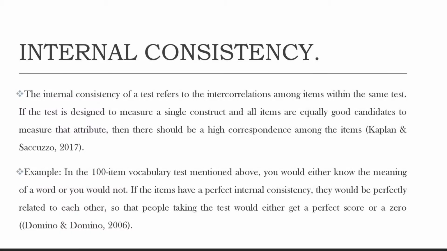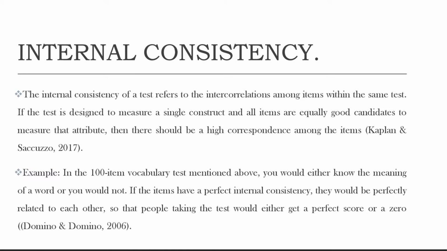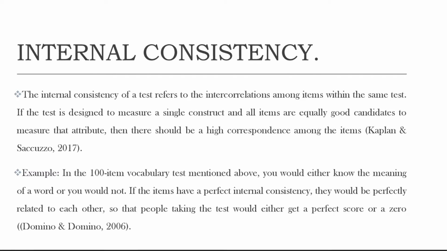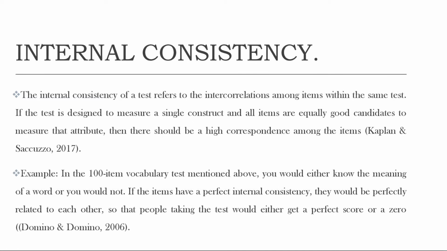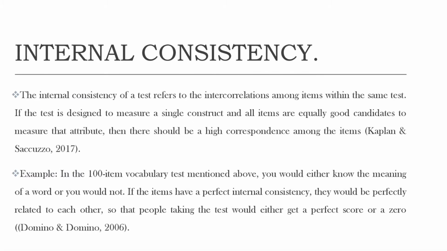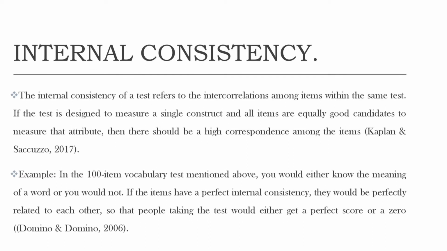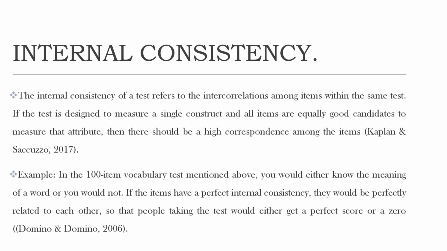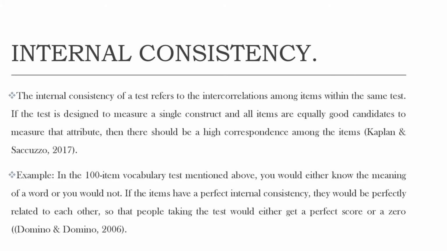Now, we can talk about internal consistency. The internal consistency of a test refers to the intercorrelations among items within the same test. If the test is designed to measure a single construct and all items are equally good candidates to measure that attribute, then there should be a high correspondence among the items.